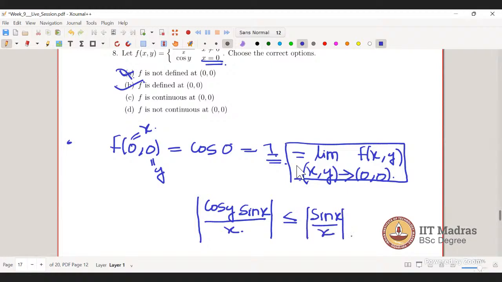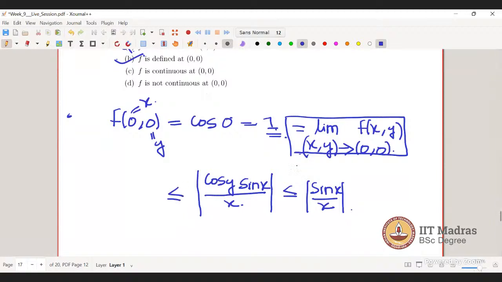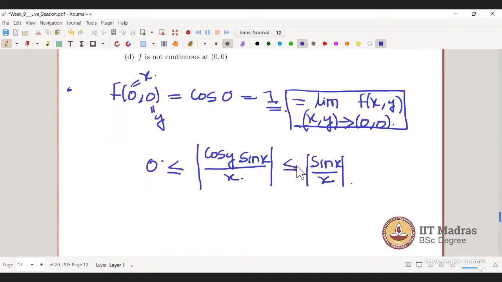Now if we take away the mod, this will become greater than or equal to minus sin x by x and less than or equal to sin x by x.